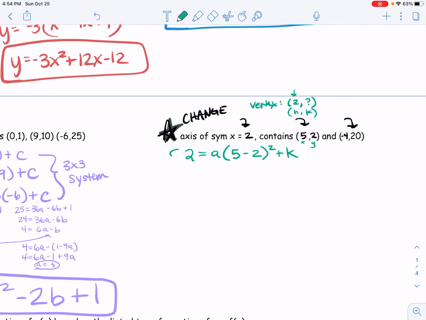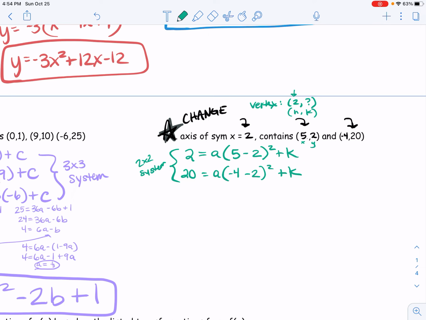Okay, that's the first one. The second point would be y equals a times x minus h squared plus k. And so now I have a 2x2 system that I'm going to use to solve for the value of a and the value of k.